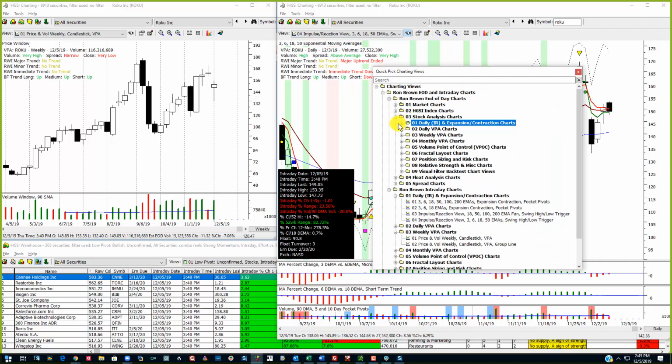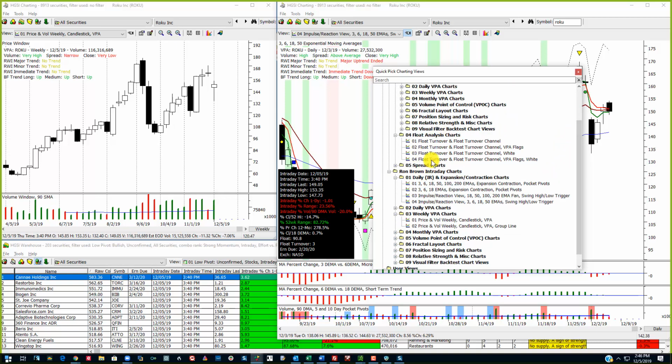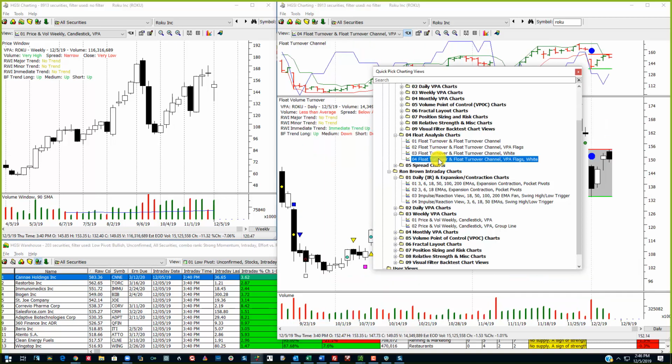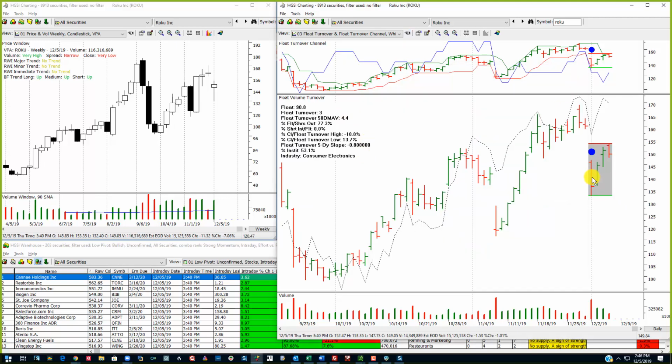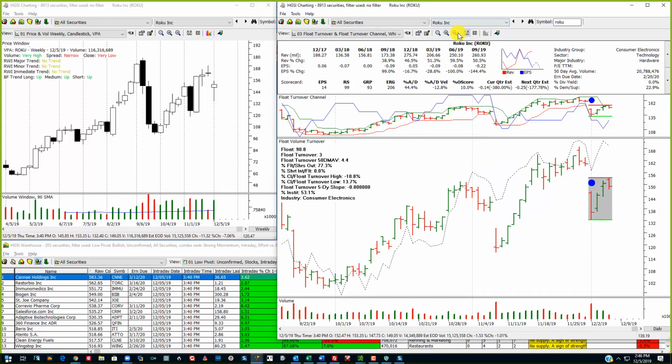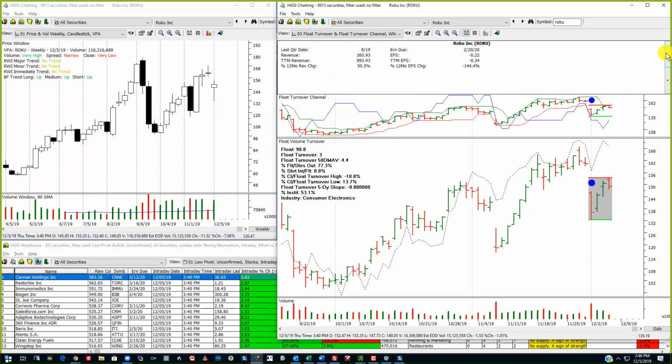If you go to float analysis charts, and you look here, I'll just go to this chart right here. Float turnover chart white. The float for Roku, let's see if I can find the right window here.